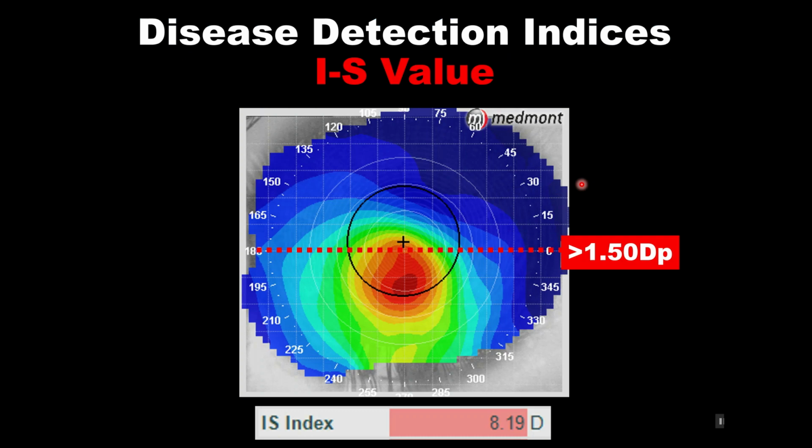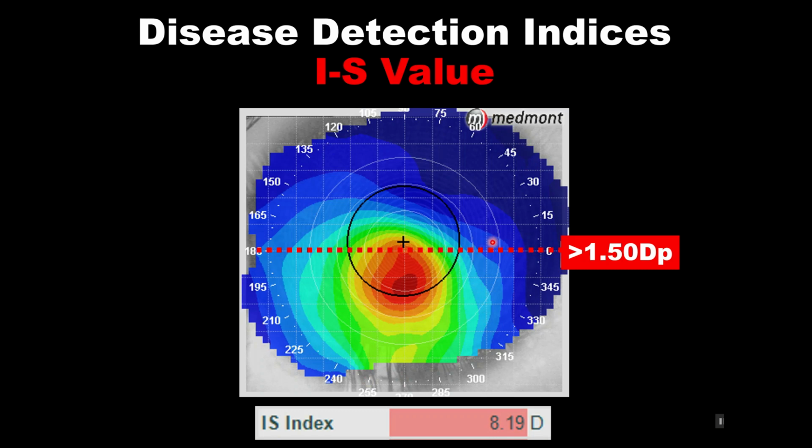Now, to understand what each is, the first and maybe the most powerful is the IS value. What that does is it cuts the cornea in half and says I is inferior. What's the inferior average power of all these data points? Then S is the superior. What is the average of all these superior data points?